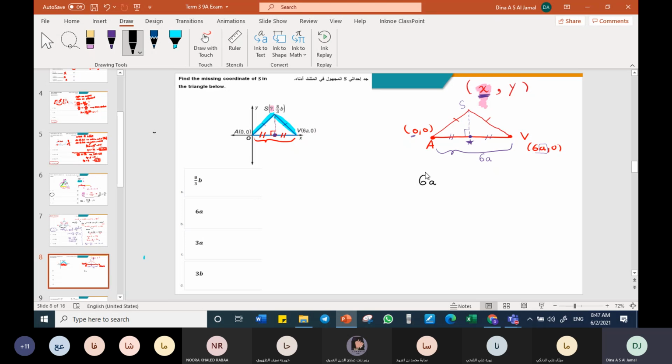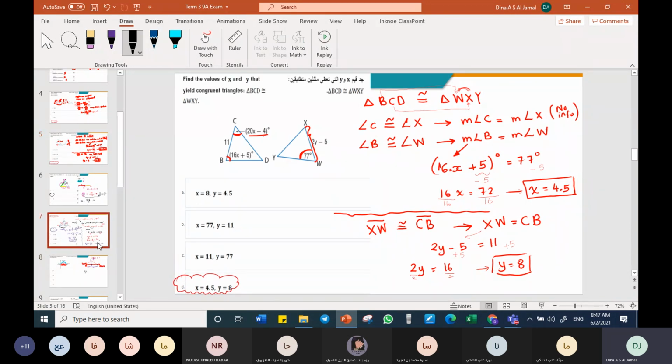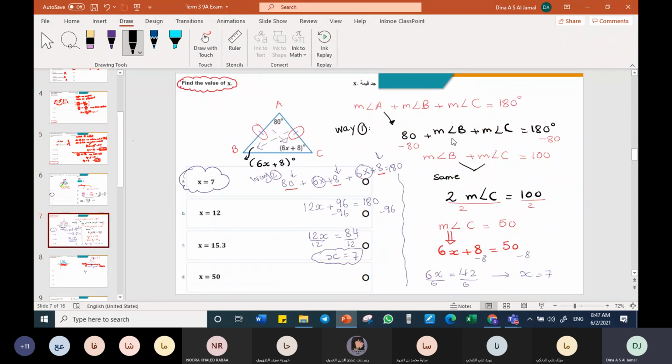Pay attention. You have one segment, right? And you only have one point in the middle. So how many segments do you have on the right and on the left? 2 segments only, and these 2 segments are congruent. That means you need to divide this by 2, as you did in the previous step when you assumed that these 2 angles are congruent and the same, so you put the 2 multiplied by one of them.